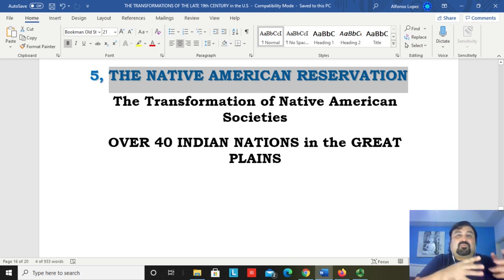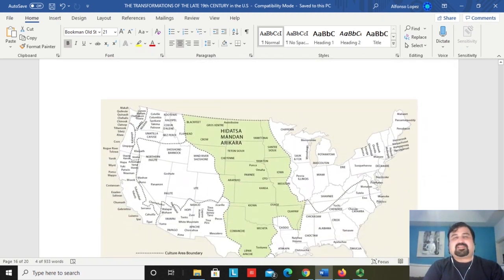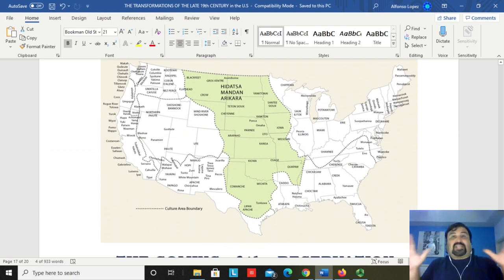The reservation was their way of adapting or modernizing to conform to the changes that Americans were going through at a national level. Okay? So the reservation itself, again, is their new social setting. This is the most visible type of change that they're going to undergo.